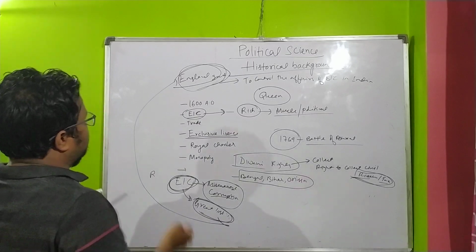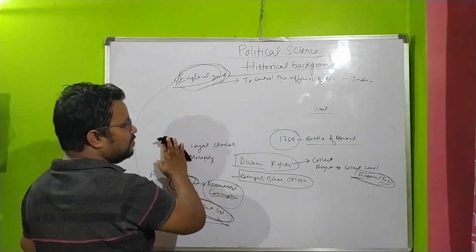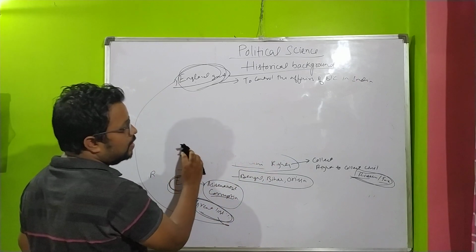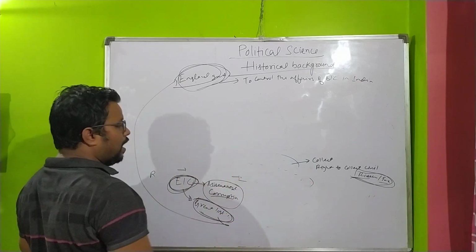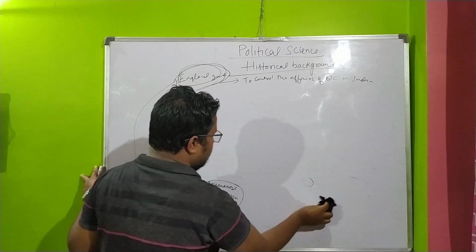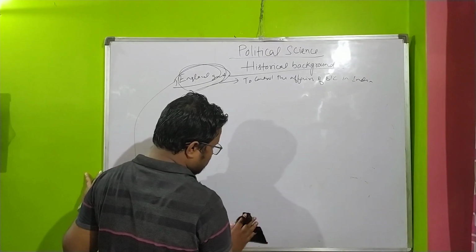So what happens? The East India Company became very rich once, but since their workers and officers were involved in mismanagement and corruption, after some years the company suffered great loss, but their officers became very rich.